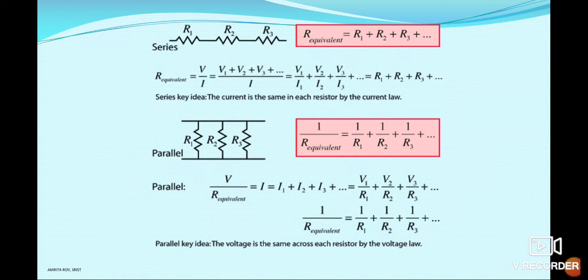That equals V1 by R1 plus V2 by R2 plus V3 by R3. So we can substitute it as 1 by R equivalent equals 1 by R1 plus 1 by R2 plus 1 by R3. So the parallel circuit idea will be kept as the voltage is the same across each resistor by the voltage law.